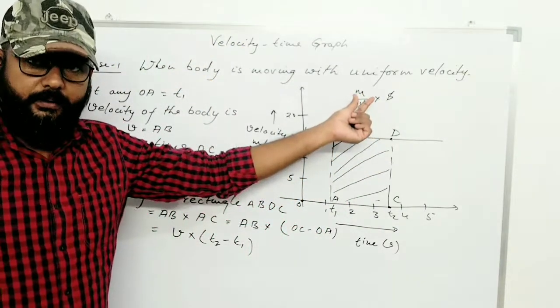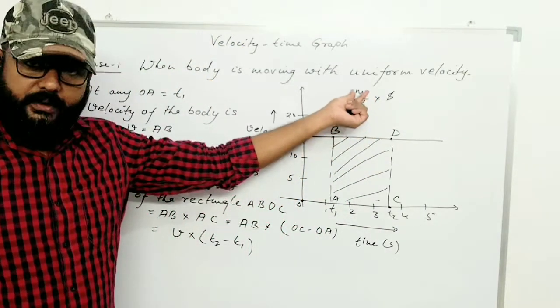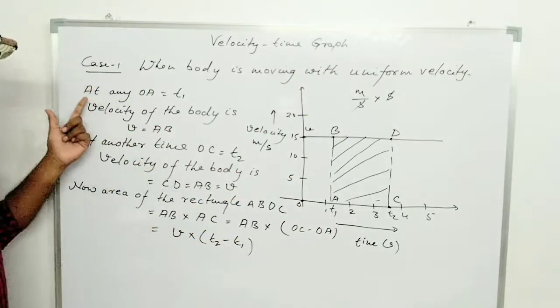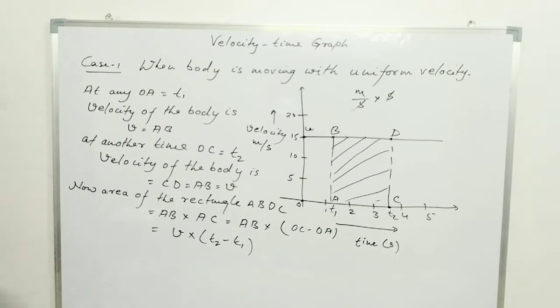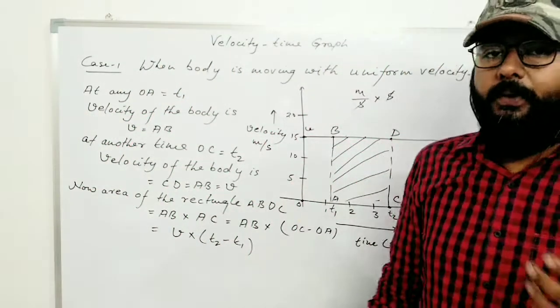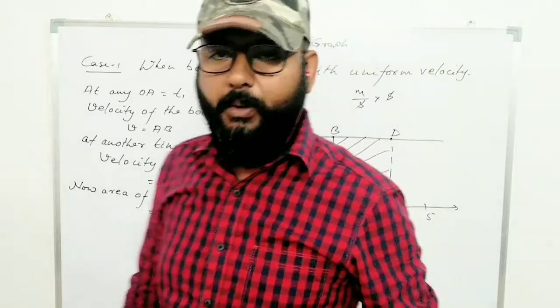Not a square unit. Meter comes, and meter is the unit of displacement. So like this, with the help of the velocity time graph, we are able to find the displacement of the body.